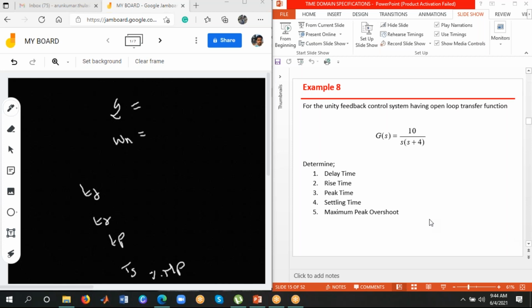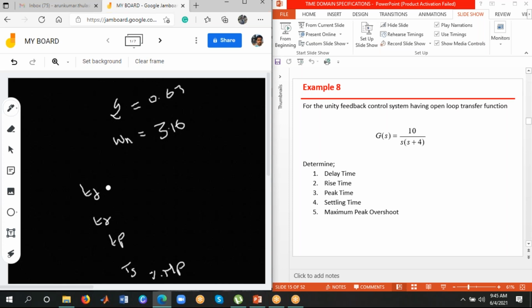So omega n is 3.16, super, because square root of 10 is 3.16. Next, what about zeta? Zeta is 0.63.